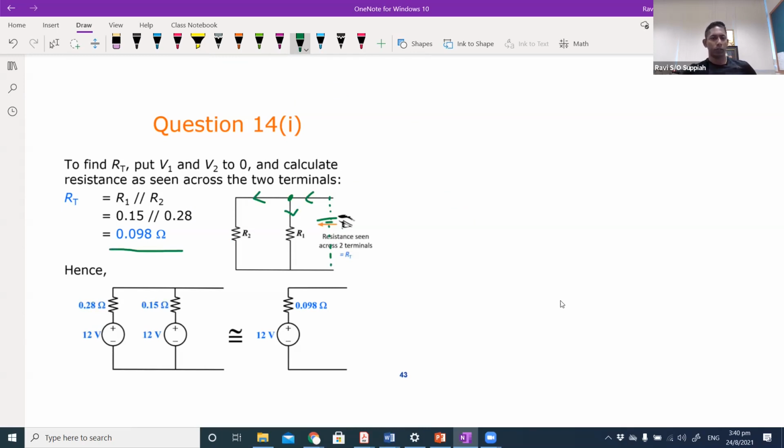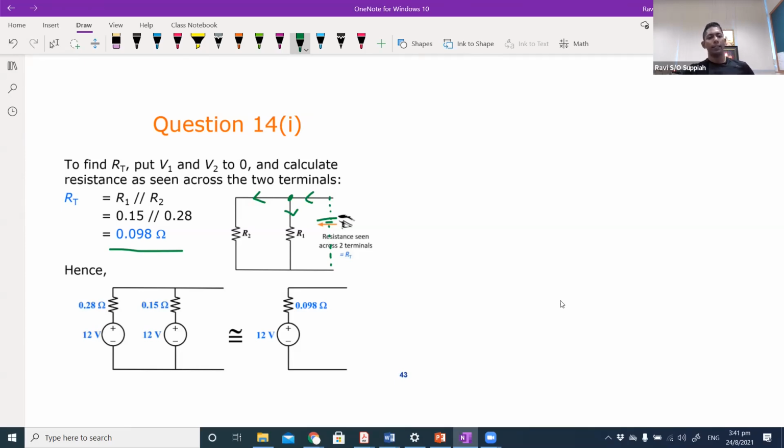As we saw in the studio as well, when resistors are in parallel, the total combined resistance will always be smaller than the smallest resistance. So in this case, with 0.15 and 0.28, the value is now 0.098, close to 0.1. It will always be smaller than the smallest resistance because you are effectively lowering the resistance by connecting them in parallel.